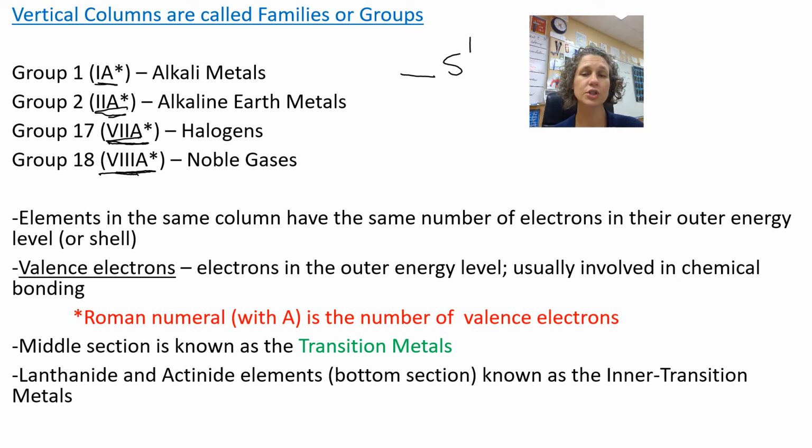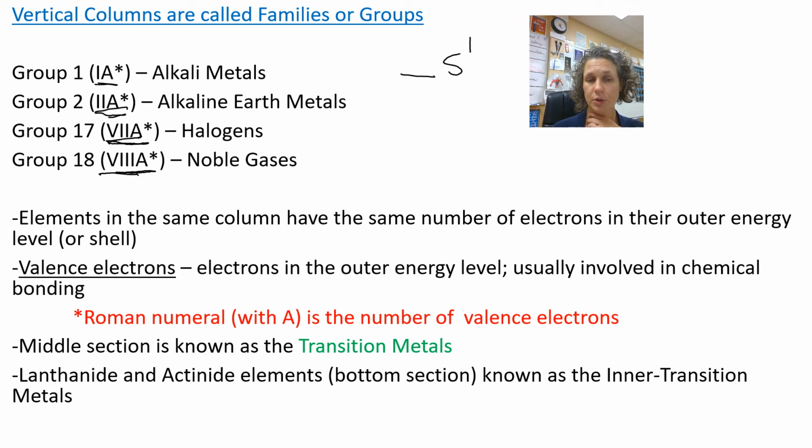If you're talking about hydrogen, it would be 1s1. Lithium would be 2s1. Sodium, like we just did in our example, 3s1. Potassium, 4s1. So everything has the same number of electrons in that last energy level. Those electrons are valence electrons, and they're important because they are involved in bonding. We will definitely talk more about those.